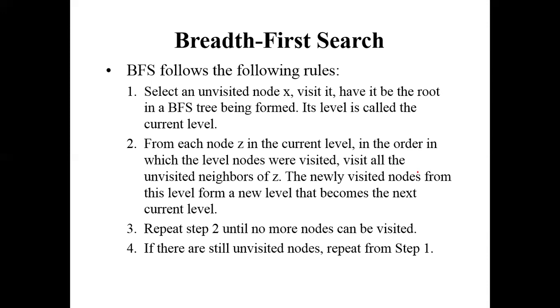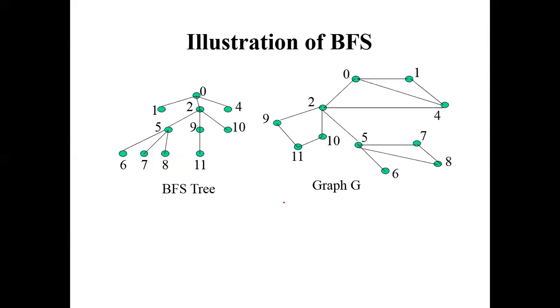Initially, you will have a list of unvisited nodes. The node we visit is called the current node and is added to the tree. Next you choose all the neighboring nodes of the current node in the same level, and only then go to the next node.